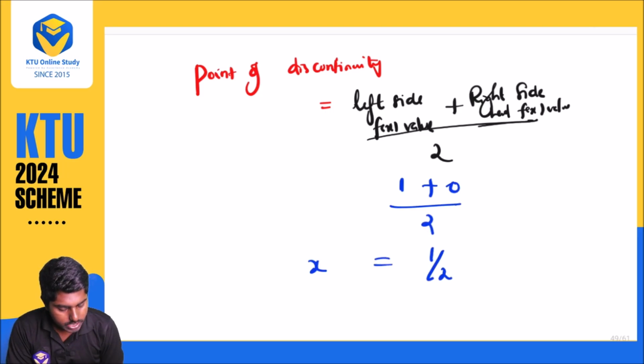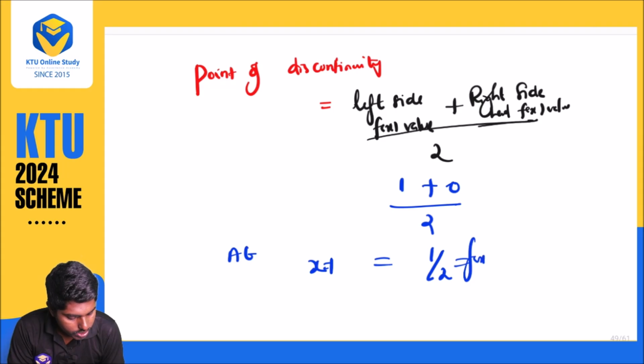So at x is equal to 1, our f of x value is 1 by 2.